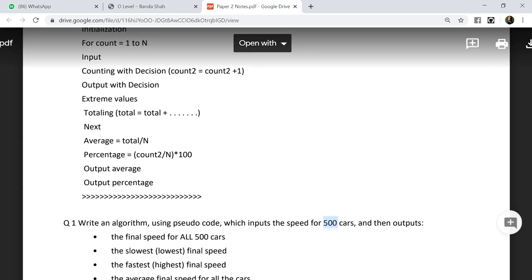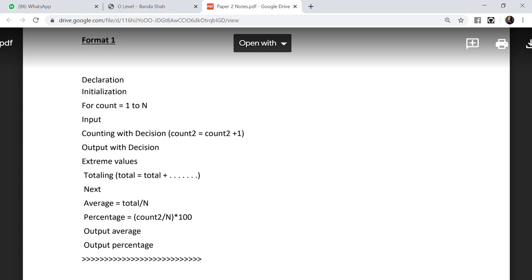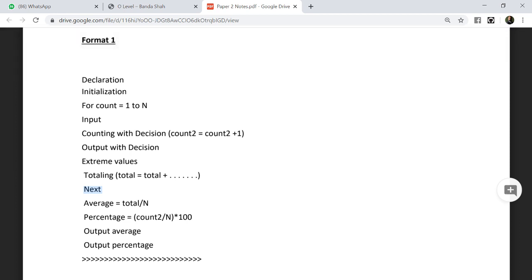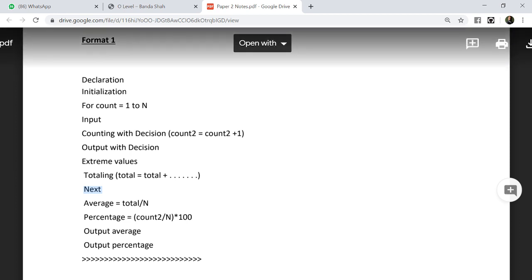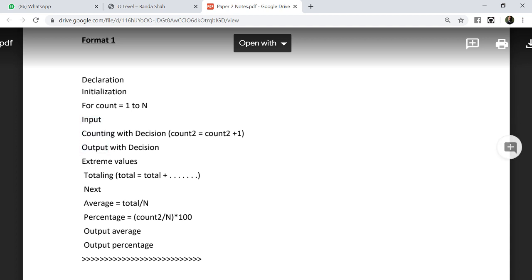So if you have to input some fixed value, when you know how many times you need to input, it means you are most probably going to use the for next loop, because the for next loop is made for iterations when you know how many times you need to input something, how many times you will iterate a certain number of instructions.